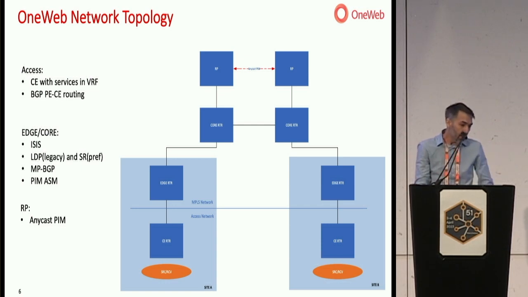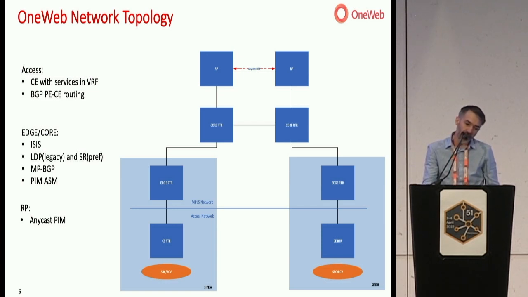On the access network, we run the CE inside the VRF on our routers. Then on the edge and core, we run ISIS, we run LDP and segment routing, with segment routing being the preferred protocol. MPBGP and PIM, of course.